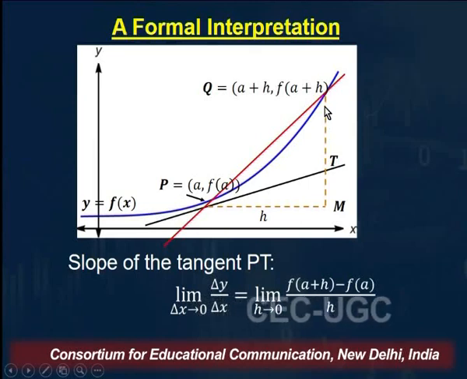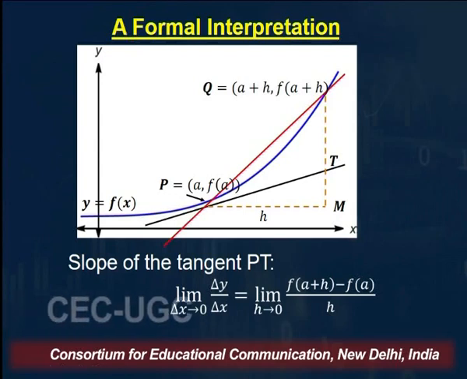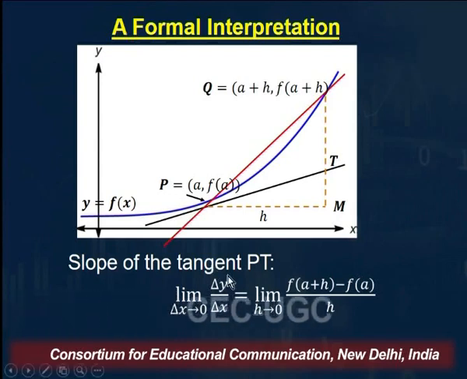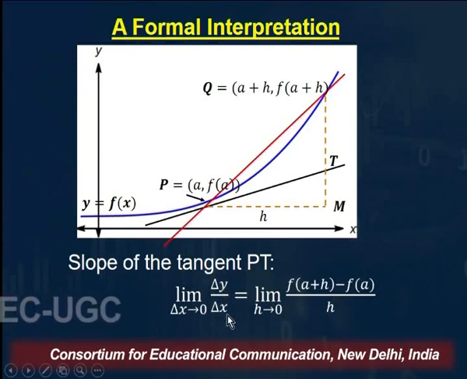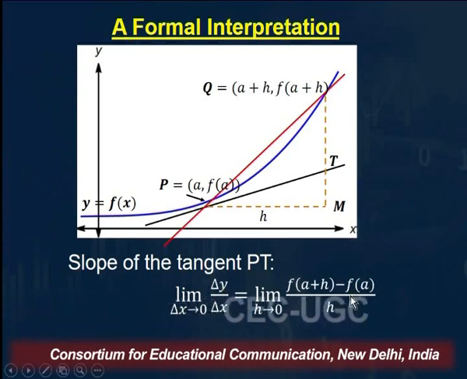So the slope of the secant PQ as h tends to 0 will then give me the slope of the tangent PT. So the slope of the tangent PT, which I am now going to call the derivative, is nothing but the limit of delta y upon delta x, or the limit of f of a plus h minus f of a divided by h as h tends to 0.